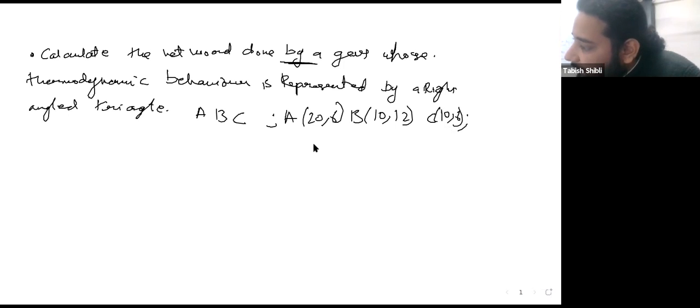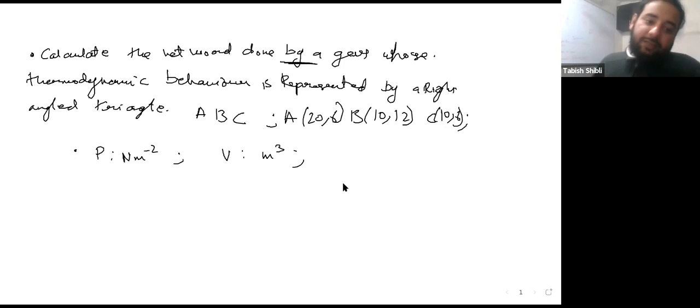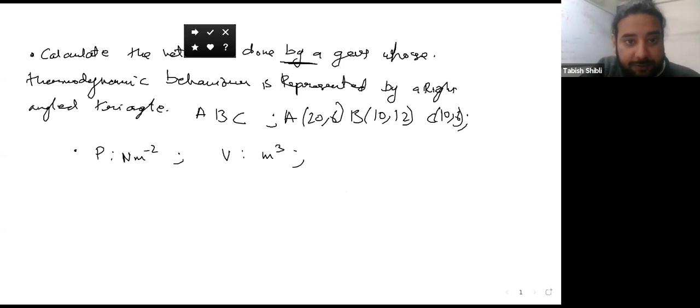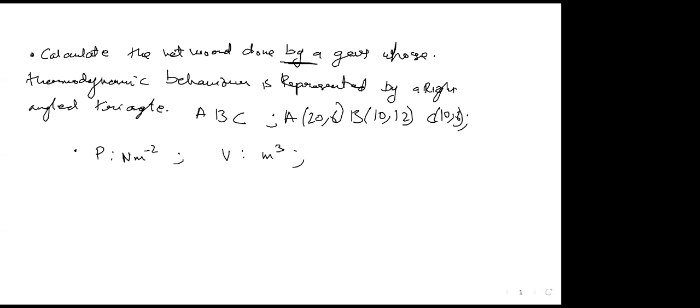You need to calculate the work done. The unit of pressure is newton per meter squared and the unit of volume is meter cubed, so everything is in SI units. Please go ahead. I'll give you 2 minutes. It shouldn't take more time than that.